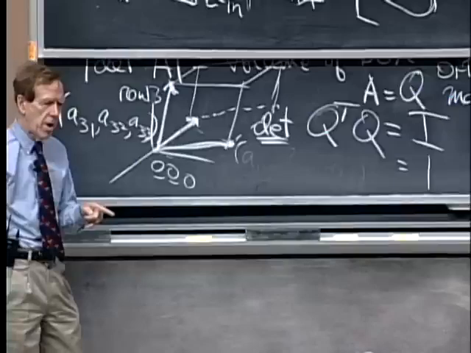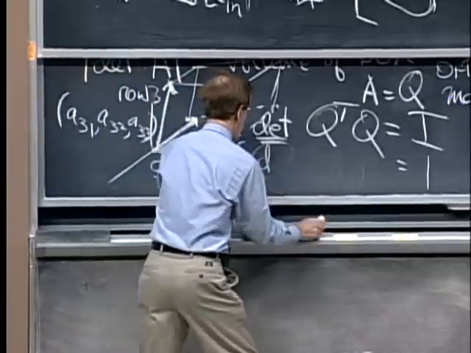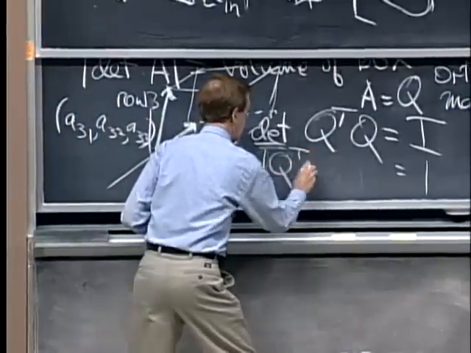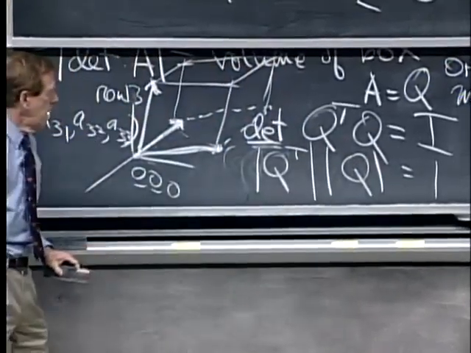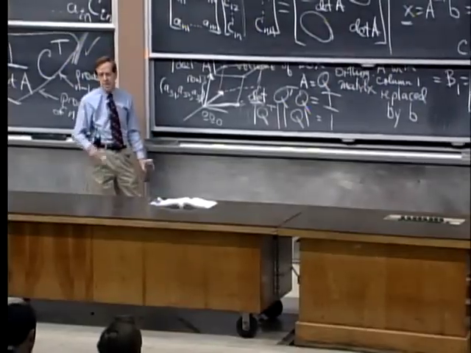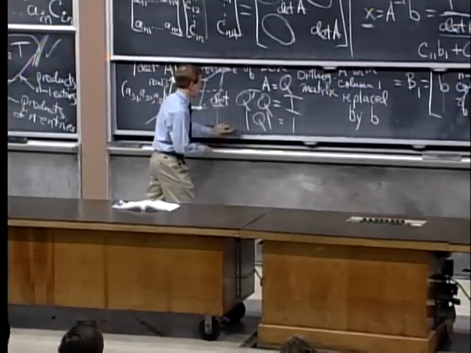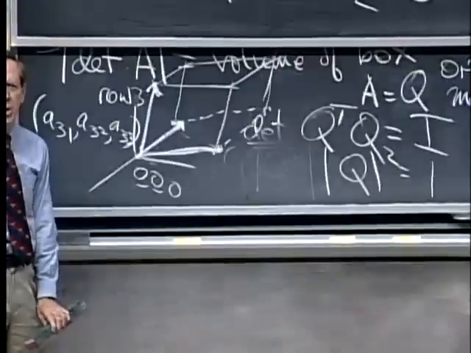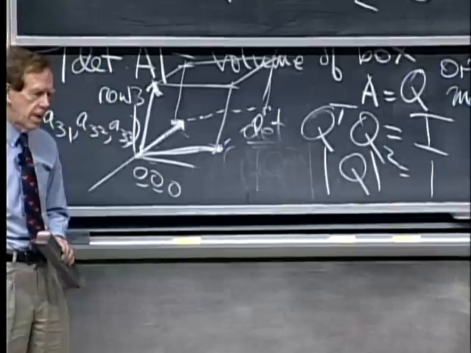The determinant of a product is the determinant of this guy times the determinant of the other guy. And then what's the determinant of Q transpose? It's the same as the determinant of Q. Rule 10 pays off. So this is just this thing squared. So that determinant squared is 1, and sure enough, it's 1 or minus 1. Great.